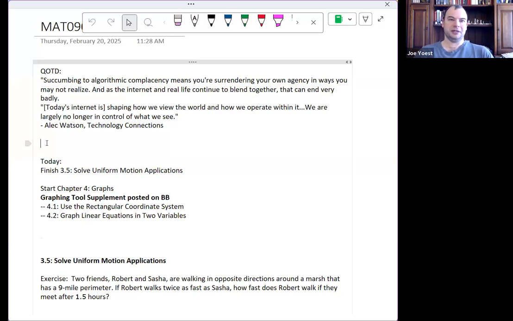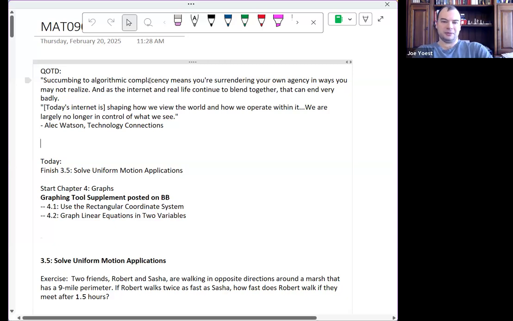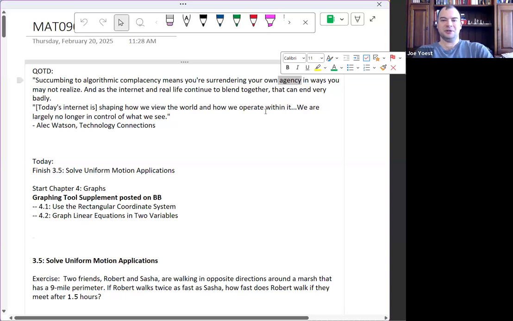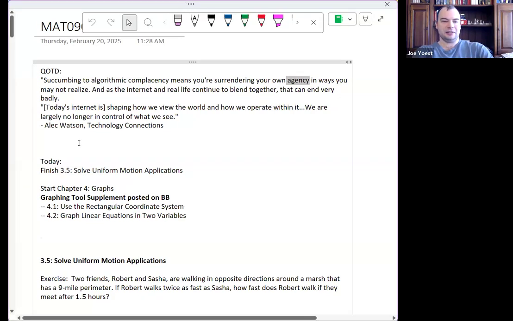If we had a choice between searching for a topic that we thought of and looking for a video on it, or going with whatever the system recommends to us next, a lot of us would actually prefer just letting the system direct the experience. So succumbing to algorithmic complacency means you're surrendering your own agency, your own ability to make choices, or in some deeper sense, your own humanity in ways you may not realize.